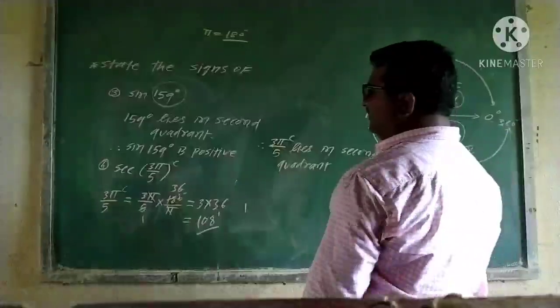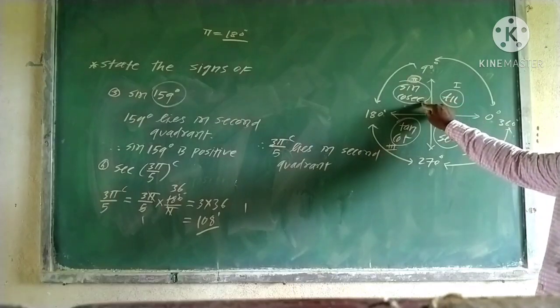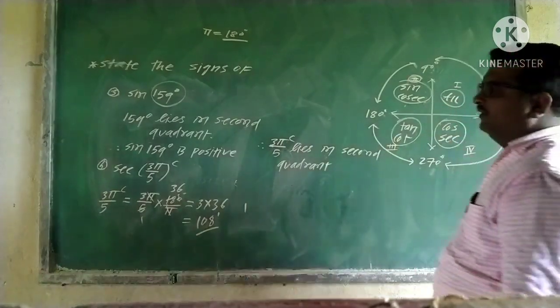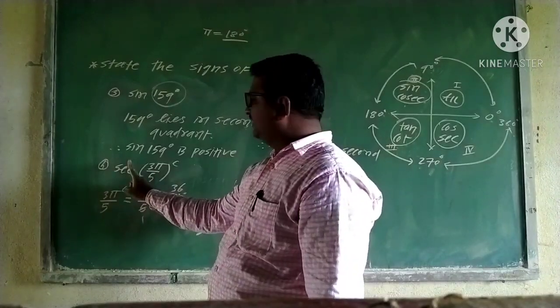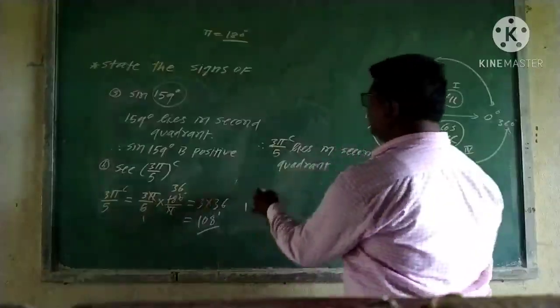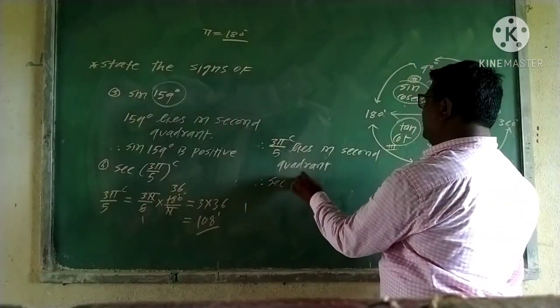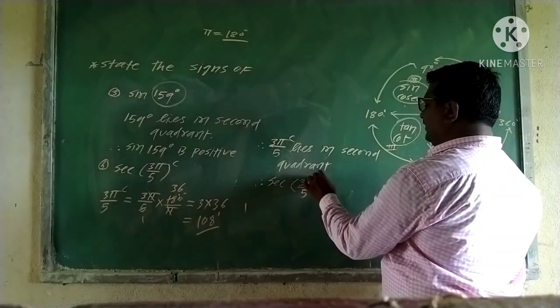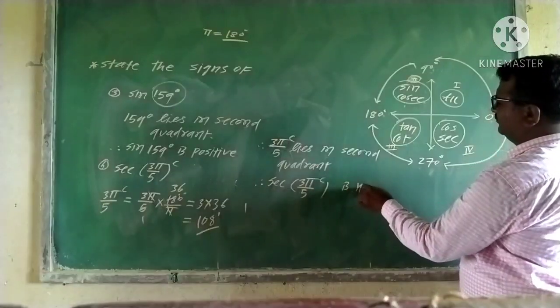And we know that in the second quadrant only sine and cosec are positive. Here we have sec, which has a negative sign, so sec of 3 pi upon 5 radian is negative.